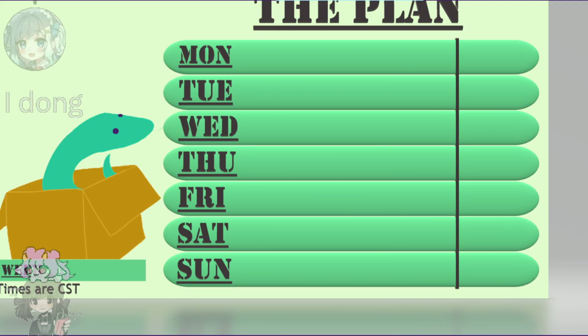Actually, technically Saturday is my birthday, but I don't think I'm streaming on that day because I'm kind of busy. So that's n/a. Sunday n/a. Everything. Right. Yes. Question mark.